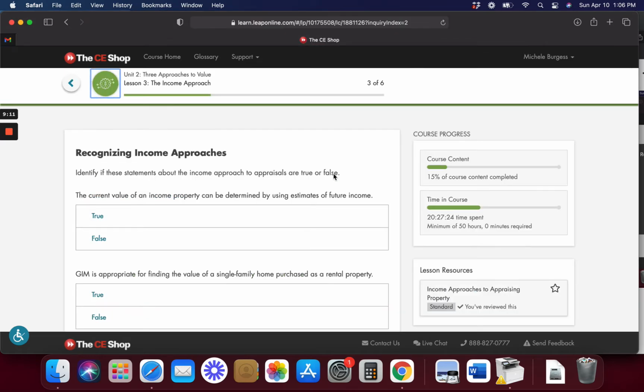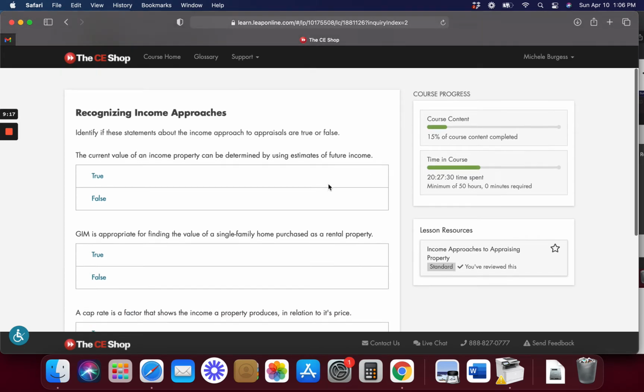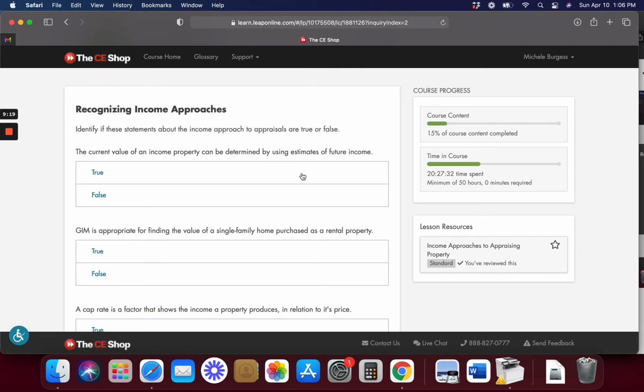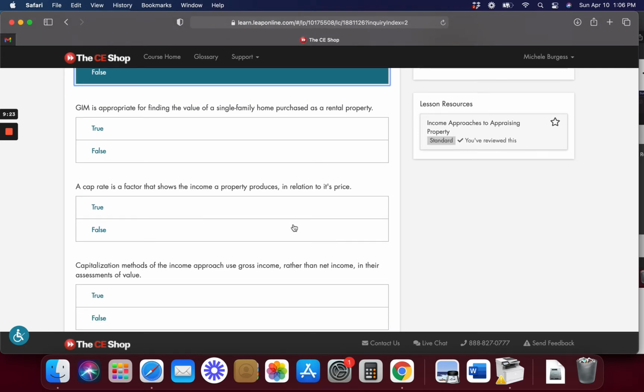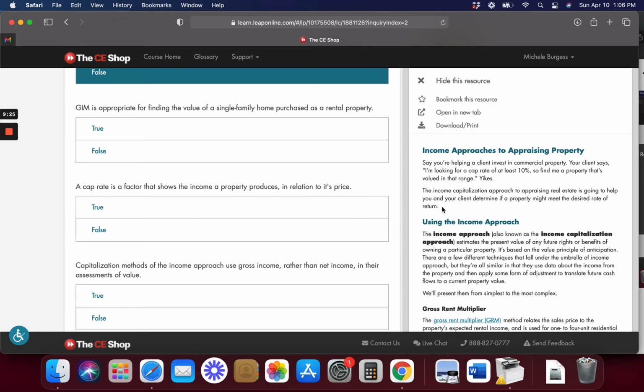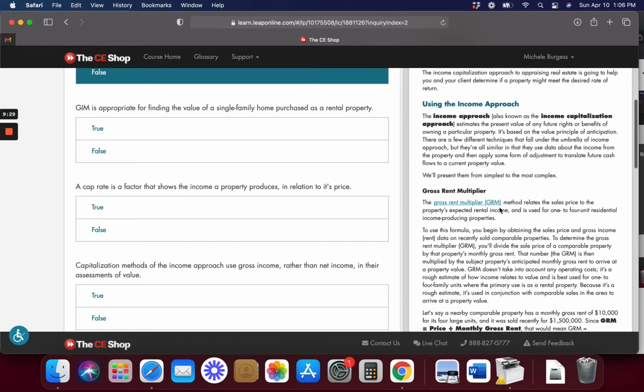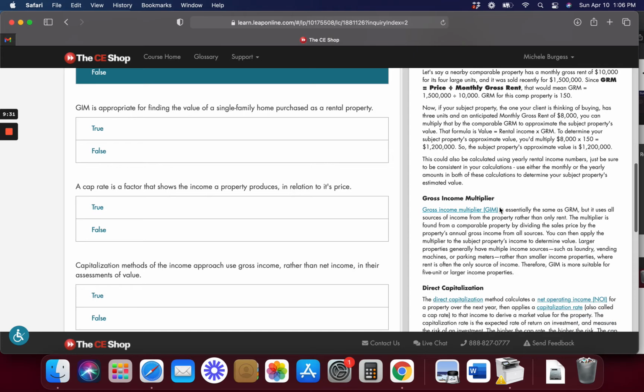Okay, recognizing income approaches. The current value of any income can be determined by using estimates of future income. Well, I'm not too sure about that. GIM is appropriate for finding the value of a single family home purchased as a rental property. Maybe.